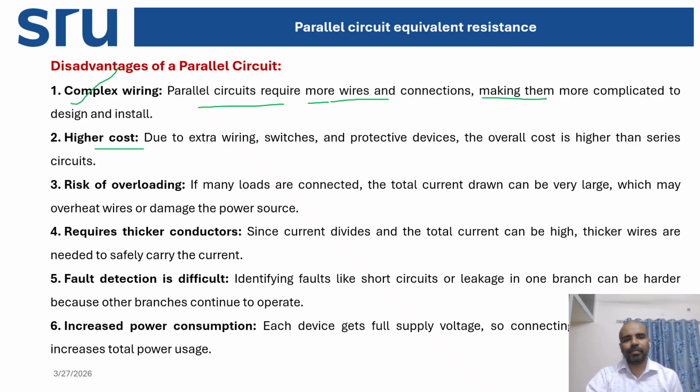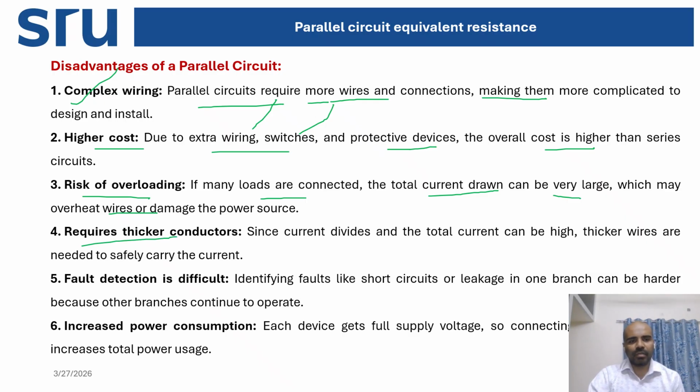Higher cost: if you need extra wiring, extra switches, and protective devices, then the cost of this type of connection is expensive when compared with the series. Risk of overloading: if many loads are connected, the total current drawn can be very large, which may cause overheating or damage to the power source.